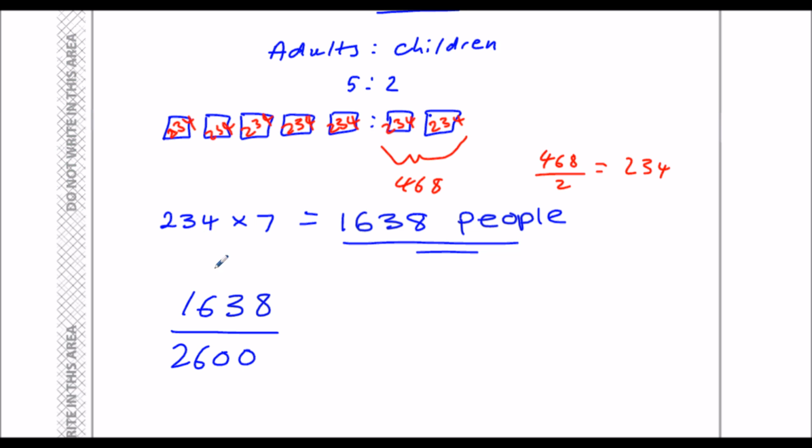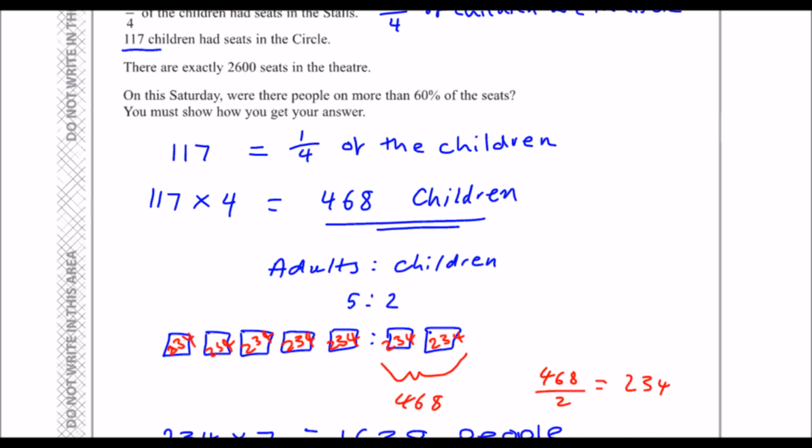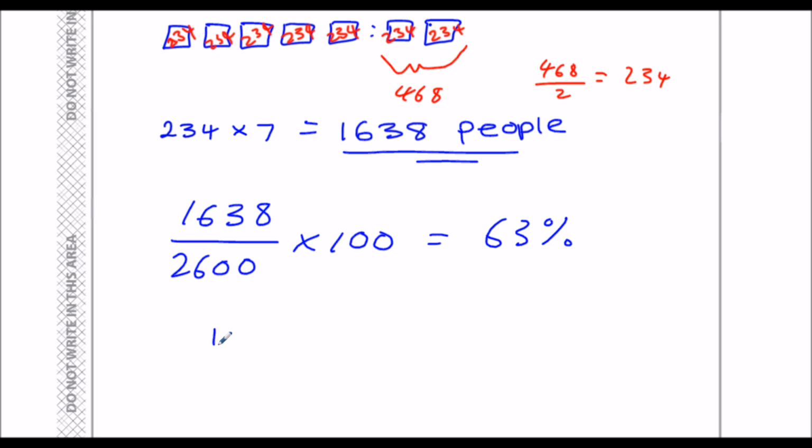So this fraction of seats are taken, and to change the fraction to a percent, we times by 100. Let's just type it in the calculator, and that is 63%. So 63% of the seats are taken. So yes, it is more than 60%.